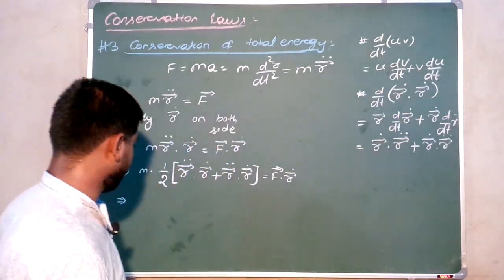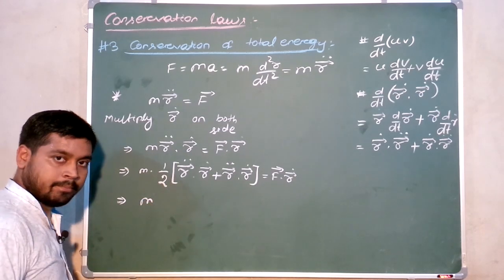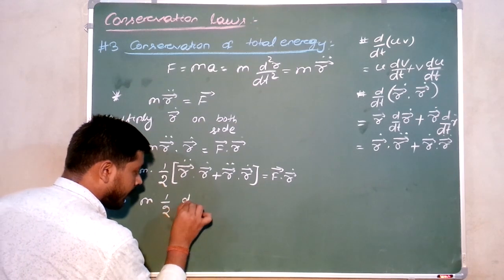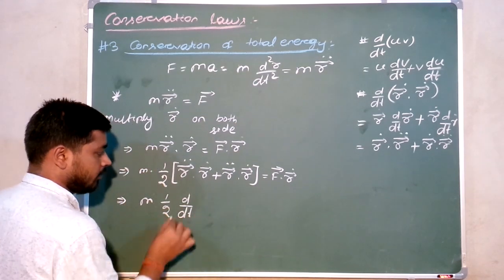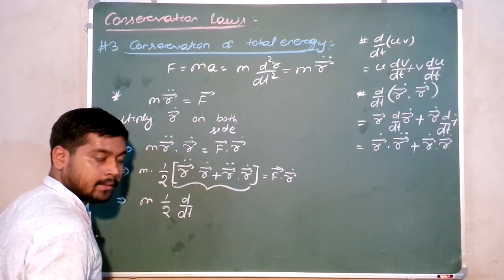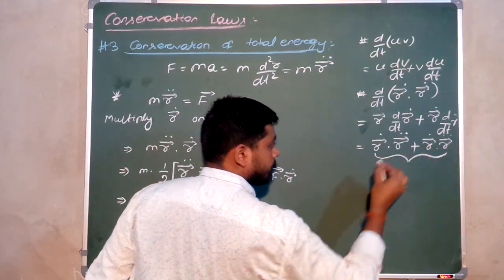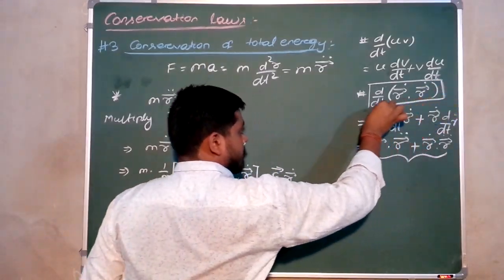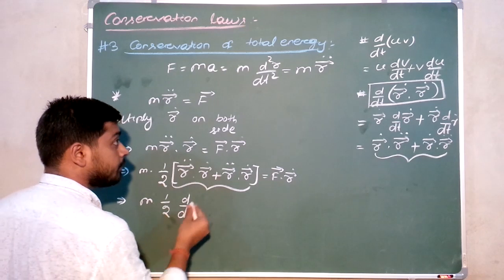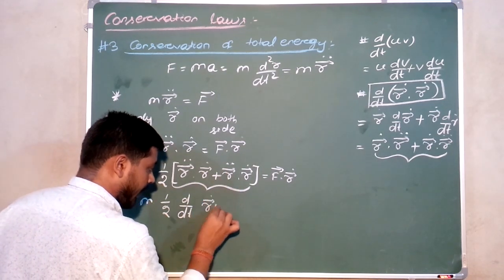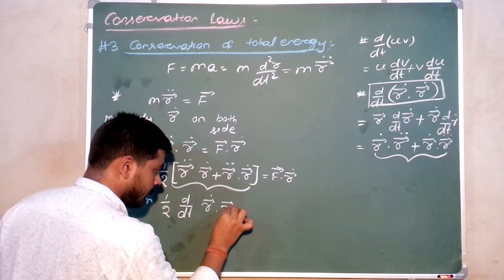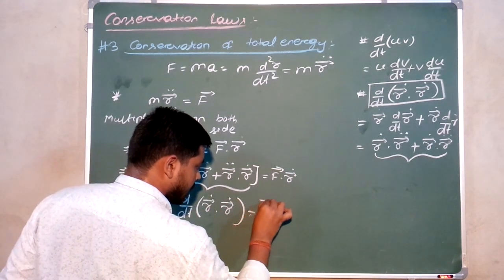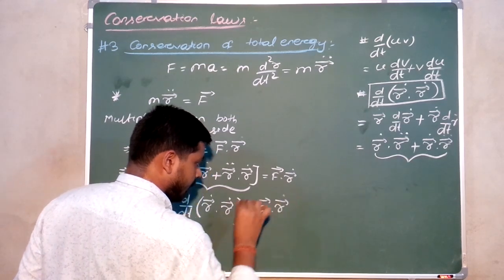Yes or no? Just write here m times 1 by 2. What can I write here? d by dt of r dot into r dot, since this one and this one are the same. Here as usual F r dot.